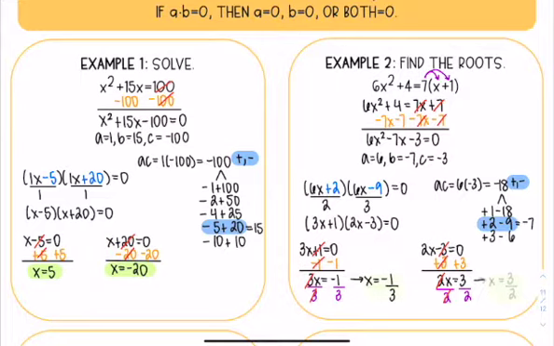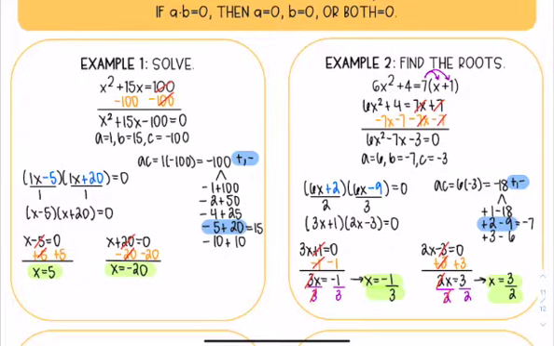And so we end up getting that x is equal to 3/2. So our two solutions are x equals negative 1/3 and x equals 3/2.